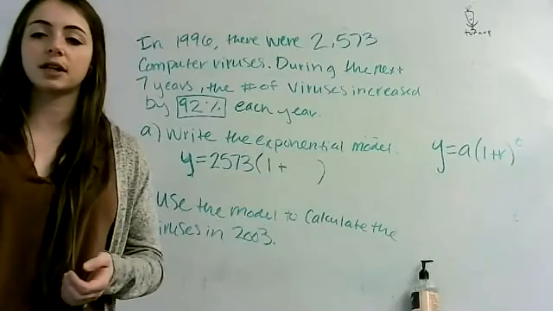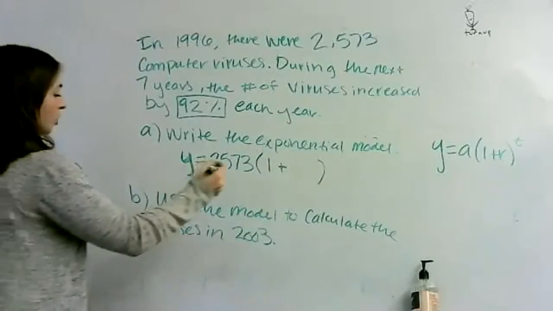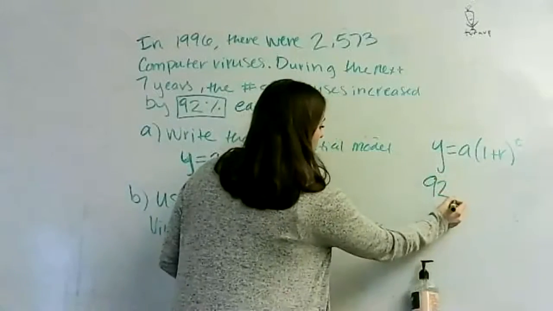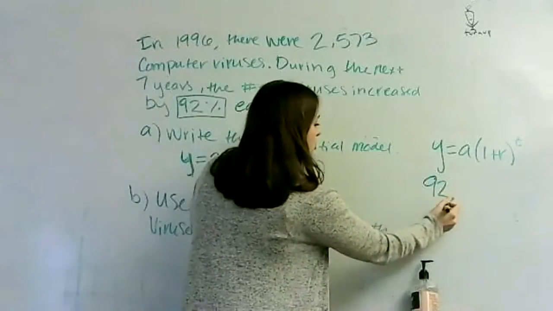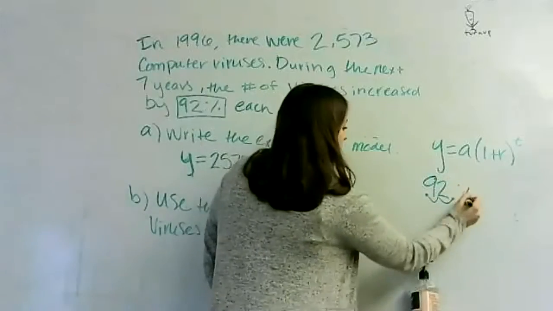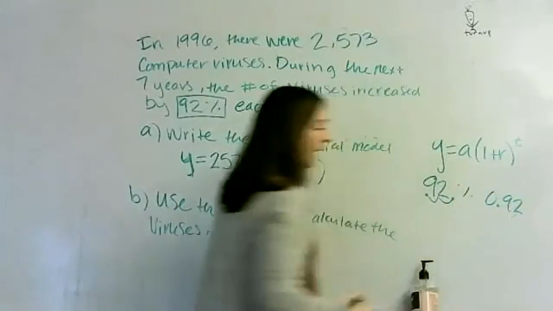You would have to calculate that percentage into a decimal. So if we have 92%, the decimal's over here currently. You have to move it 2 places to the left. So what was 92% is the decimal 0.92.